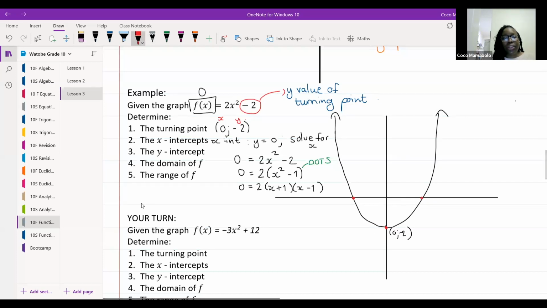Because we are solving for x, I'm going to say x plus 1 is equal to 0 or x minus 1 is equal to 0. Difference of two squares, which we should be familiar with.